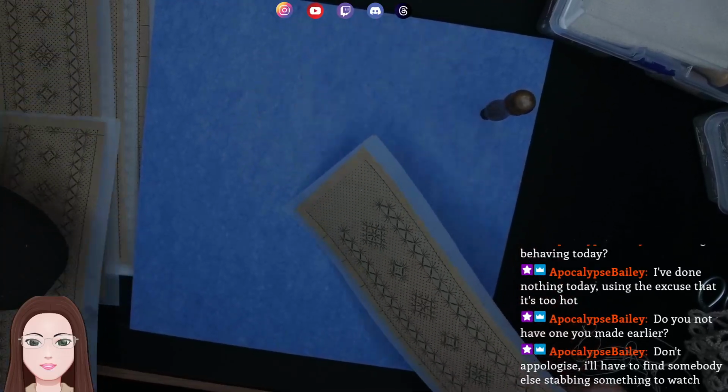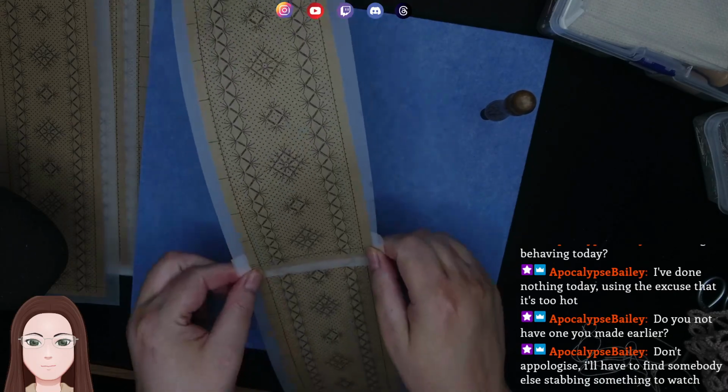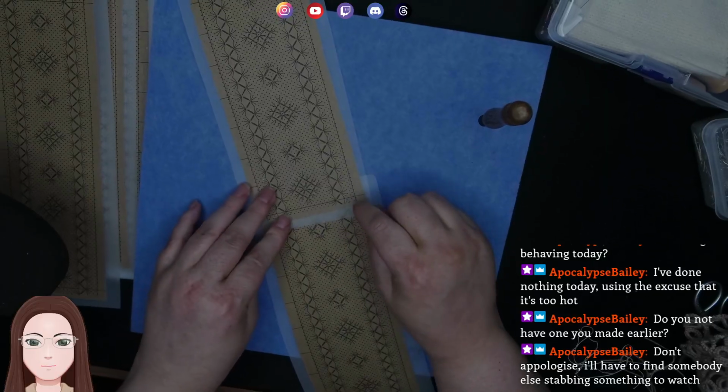Look how much you can see through them. Hang on. That's the one dipstick. You can sort of see through, so that would be where it joins.